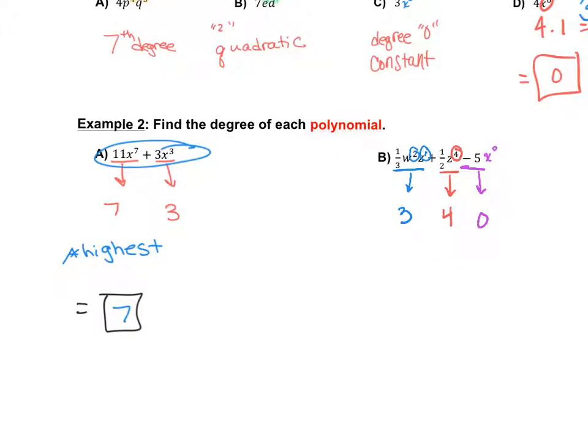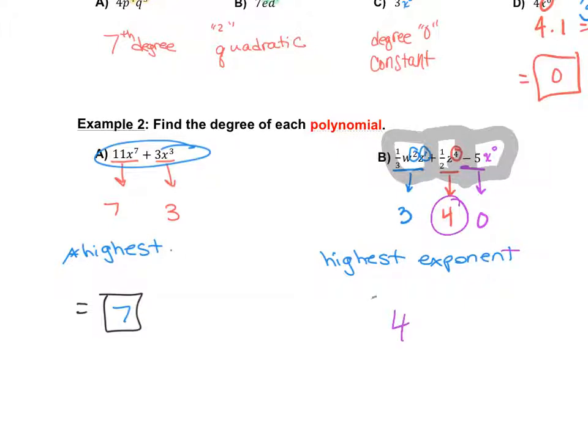So the degree is, again, the highest, and the highest or the largest exponent is 4. So the degree of this trinomial, and there's 3 terms if you think about it, 1, 2, and 3, is the highest exponent, which is 4.